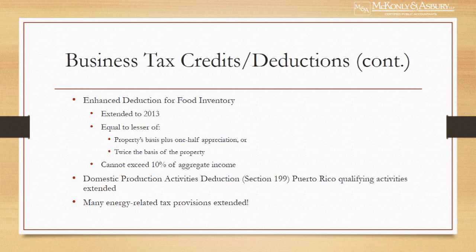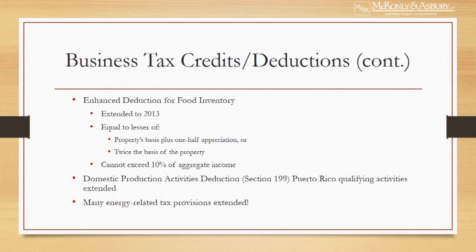And what was extended in the Act for 2012, retroactively, was that Puerto Rico should be included in the U.S. calculation. But that's only if the Puerto Rico gross receipts are includable as taxable gross receipts at the federal U.S. level.